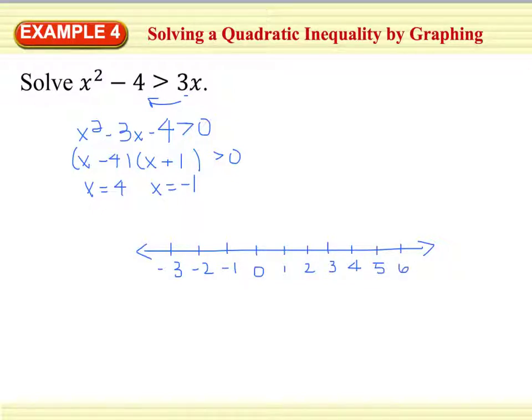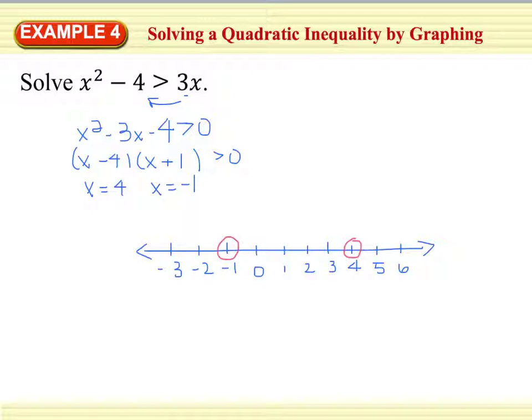When I plot these, it has to be an open circle because of this inequality symbol, because that's a greater than symbol, not a greater than or equal to. So I have an open circle on 4, and I have an open circle on negative 1.